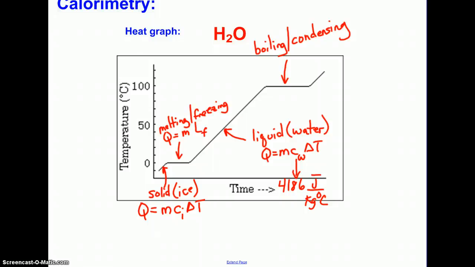So this again would require a Q equals mL calculation. But the L this time is the latent heat of vaporization, which is not the same value as the latent heat of fusion. Latent heat of vaporization is changing from a liquid to a gas or from a gas to a liquid. That's how you calculate the heat added or lost to H2O in that phase change.